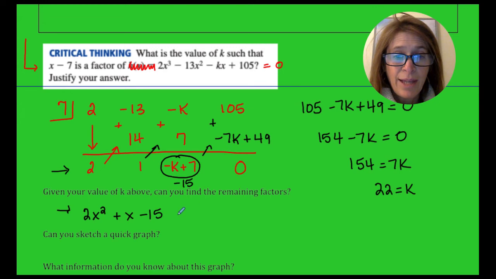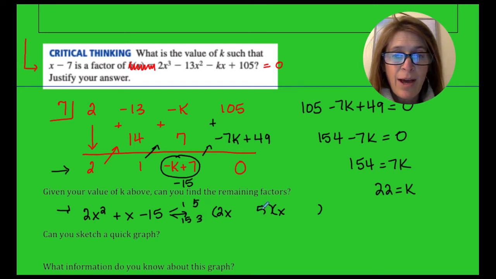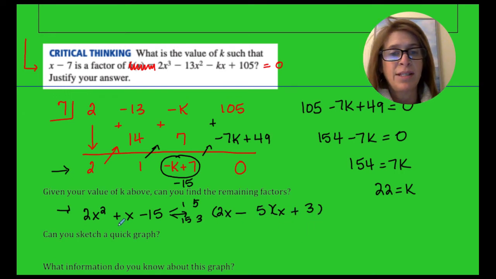Okay, so then let's factor that because it's a quadratic, so I'm going to try and factor that first. So I want the factors of 15, which are 1 and 15, 5 and 3. So it appears to be 5 and 3, minus plus. That would give me a positive 6 on the outside and negative 5 on the inside, which would give me a positive 1. Okay, so that means my entire polynomial is that.